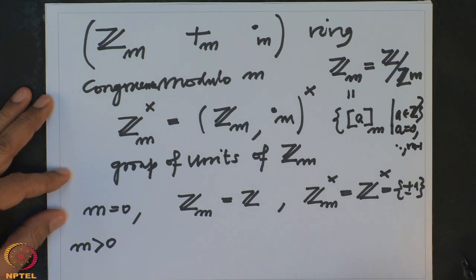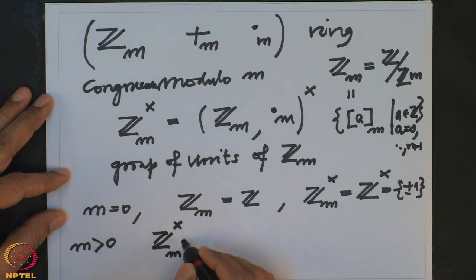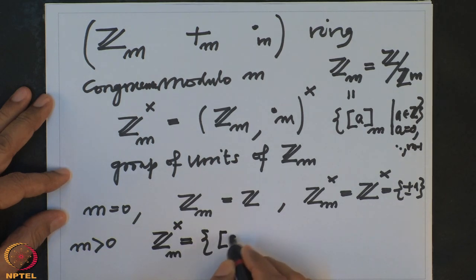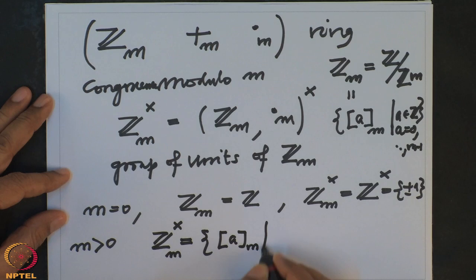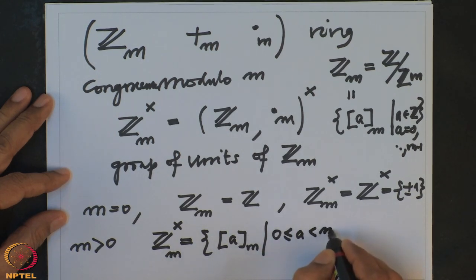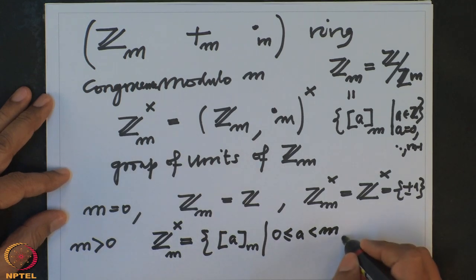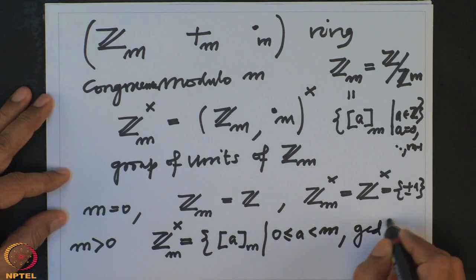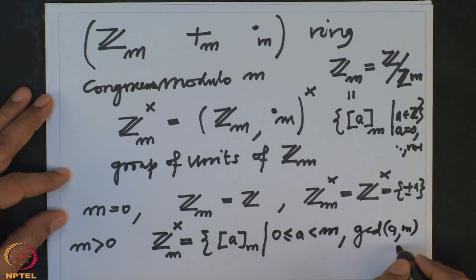So when m is positive, the units of Zm are precisely all those remainders, which we can assume are from 0 to m minus 1, such that the GCD of a and m is 1. They are coprime to m. They are precisely the units in Z mod M. And then how many of them are there?